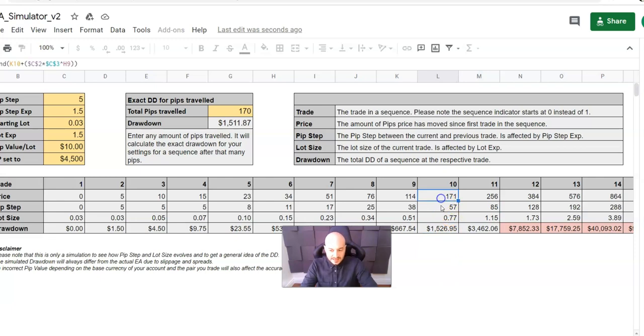What I mean by that is, let's say we have a pair move 171 pips. My estimated drawdown on that pair is going to be $1,500. So I can afford to have 3 of my 4 pairs do 171 pips and be at 4.5k. The chances of 3 of my 4 doing that are obviously slimmer if I run uncorrelated pairs or pairs that don't trend as much.